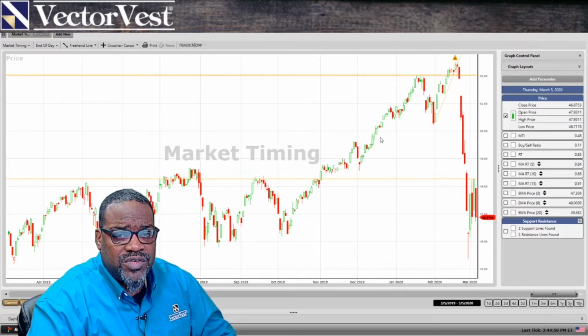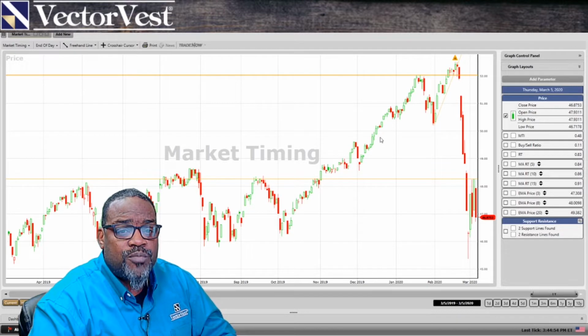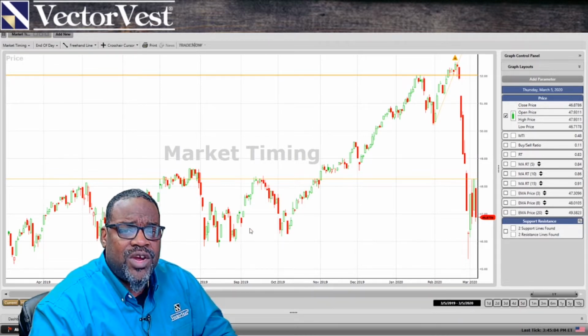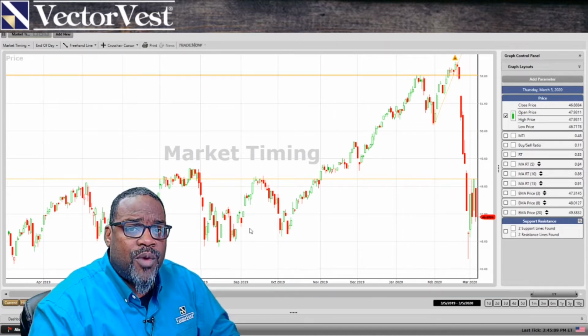Because of the number of stocks, we feel that it is a better representation of the broad market movement, when the market is moving higher, when the market is moving lower, and actually when the market is moving sideways. Because of this indicator, it becomes an advantage to really tell you what's really going on in the market.